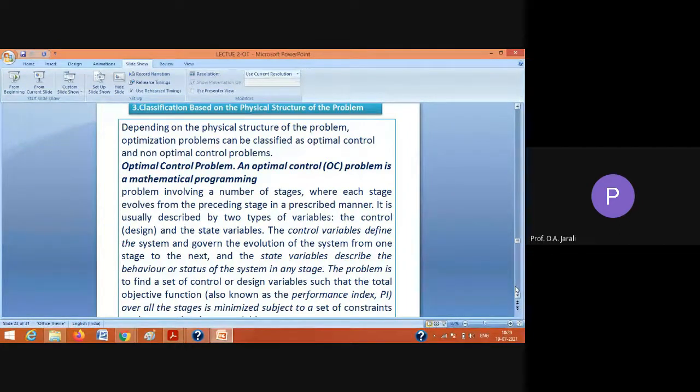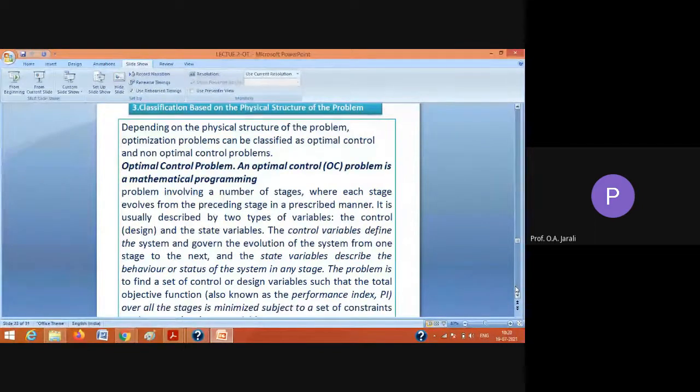control problems. An optimal control problem is a mathematical programming problem involving a number of stages where each stage evolves from the preceding stage in a prescribed manner.